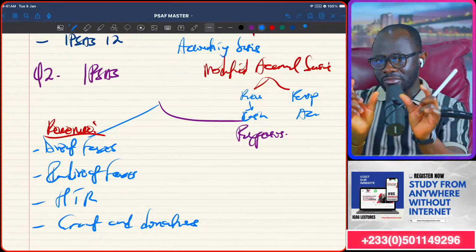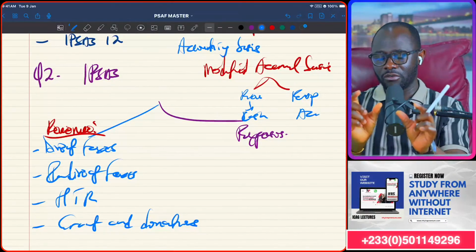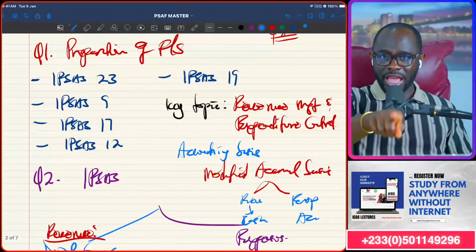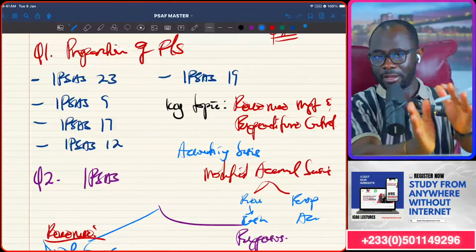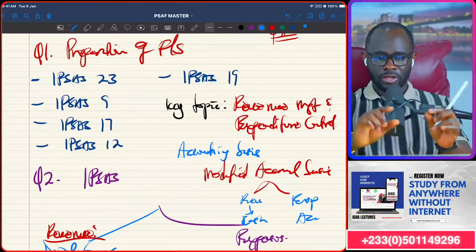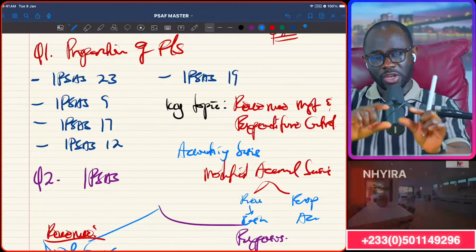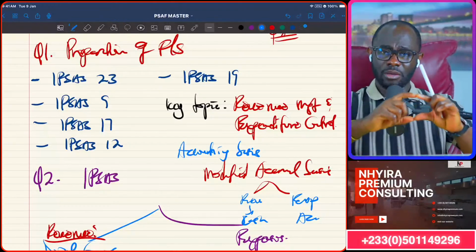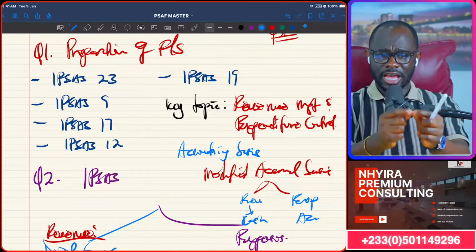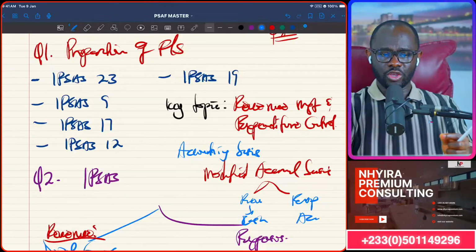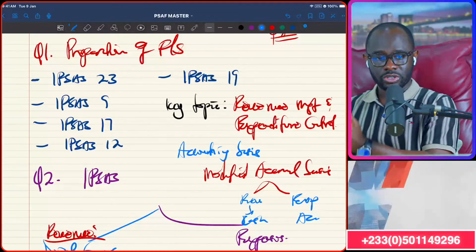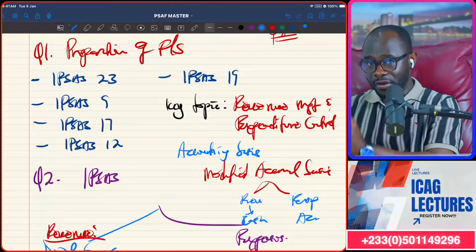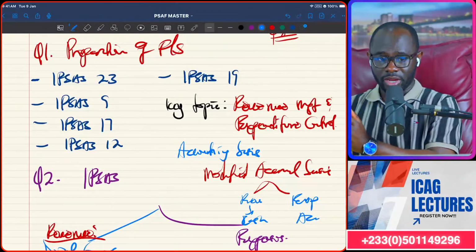So that is something I need you to be mindful of when it comes to that question 1 area. The IPSAS that you have to be mindful of, the issue in respect of revenue management and expenditure control for the classification items. Then the basis of accounting, because that is going to influence the way you work for the notes to the financial statement. Very important.